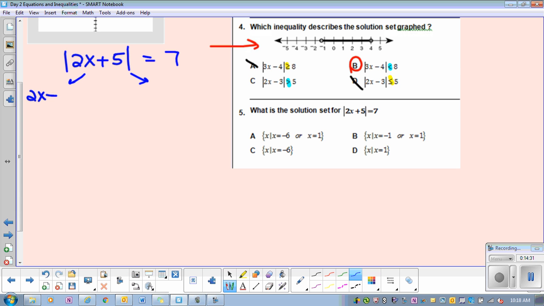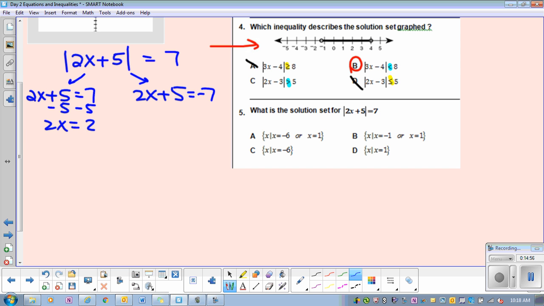First one looks exactly the same, right? 2x plus 5 equals 7. What about the second one? It's negative 7. Good. And you can just solve it, right? So minus the 5, and so on. So you know what I'm going to do? I'm going to show you another way to plug this into the calculator, okay?